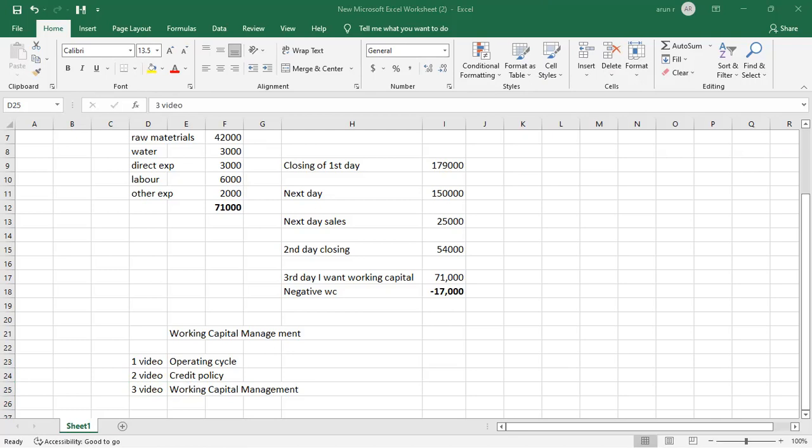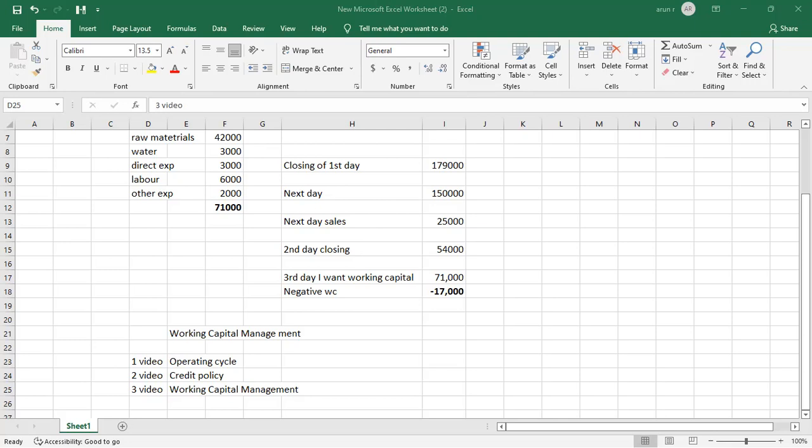Okay, working capital management. What is the meaning of working capital? Working capital means the fund available for the day-to-day operation of the enterprise. As I said earlier, it also refers to the excess of current asset over current liability.